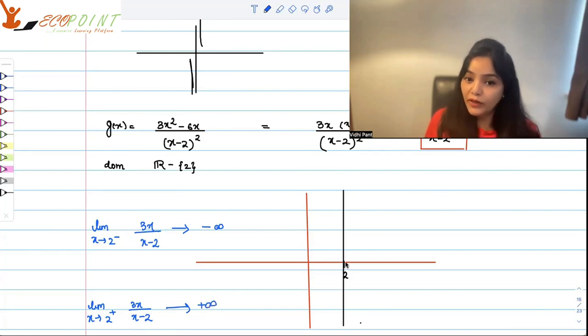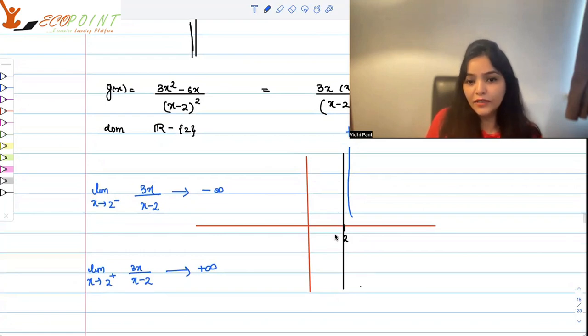So that means this is tending towards plus infinity. On the right of 2, graphically, you'll have it vertically going up, up, up, because the value around 2 is tending towards plus infinity. And on the left, you will have it vertically going down, down, down, because the value around 2 is tending towards minus infinity.